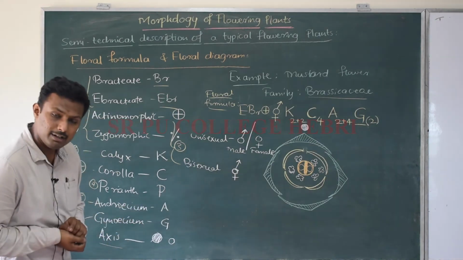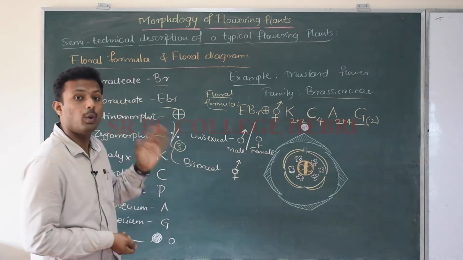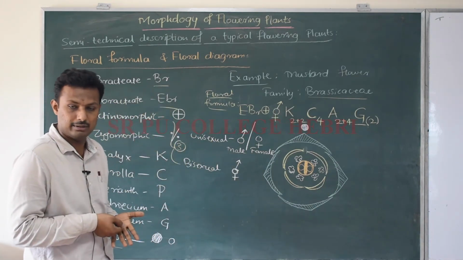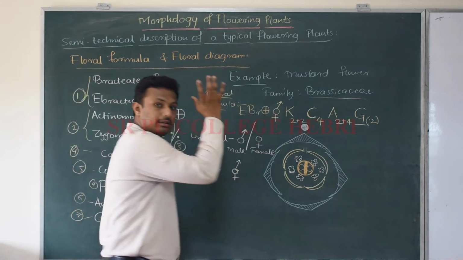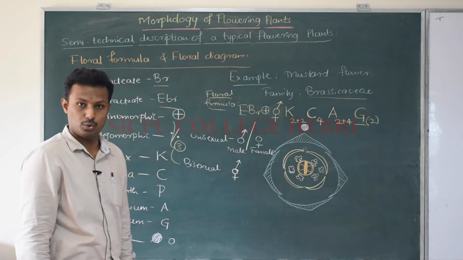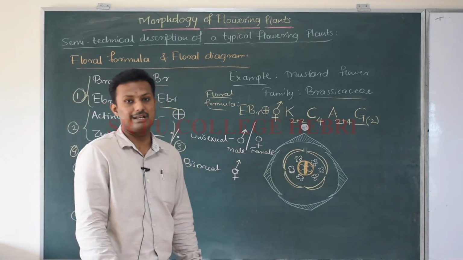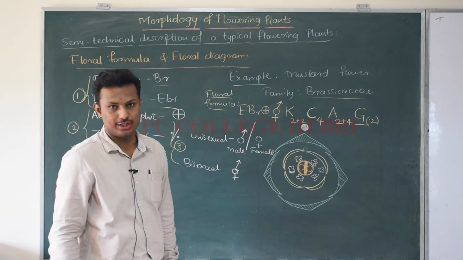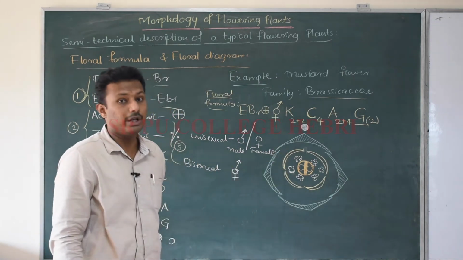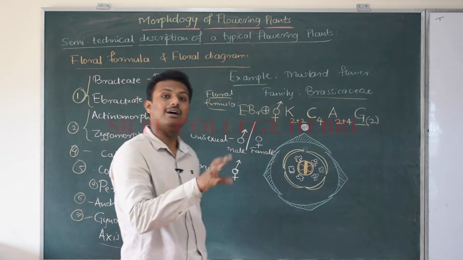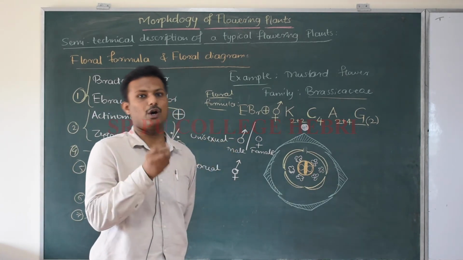So what can we represent in the floral formula and floral diagram, and what cannot be expressed? In the floral formula, you cannot show what type of placentation it is. Whereas in the floral diagram, you cannot show whether the ovary is superior or inferior.